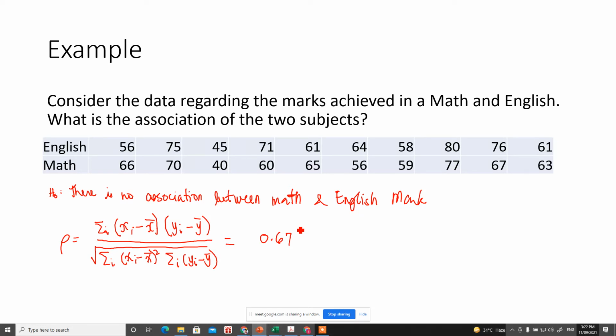So how do we interpret the statistical significance in Spearman correlation? It is important to realize that statistical significance does not indicate the strength of Spearman's correlation.